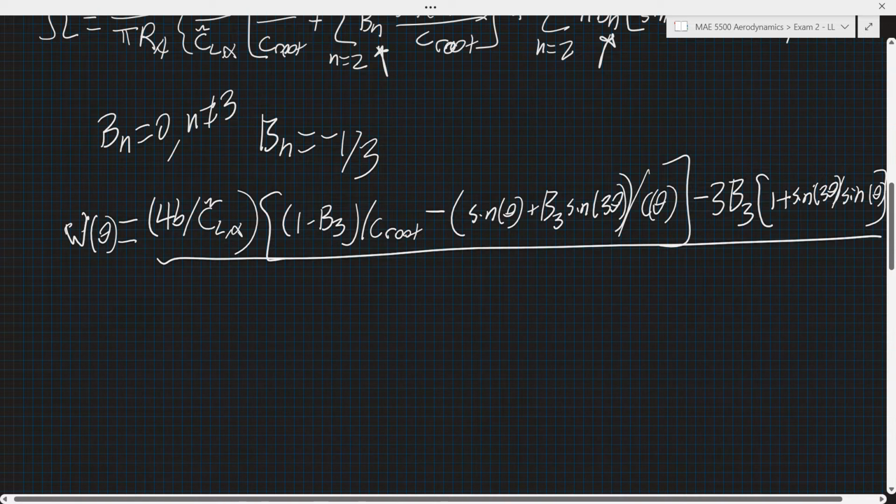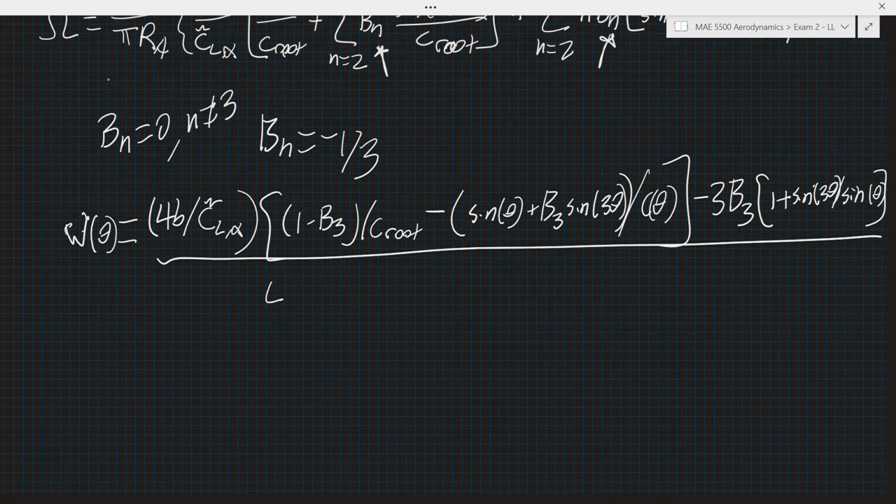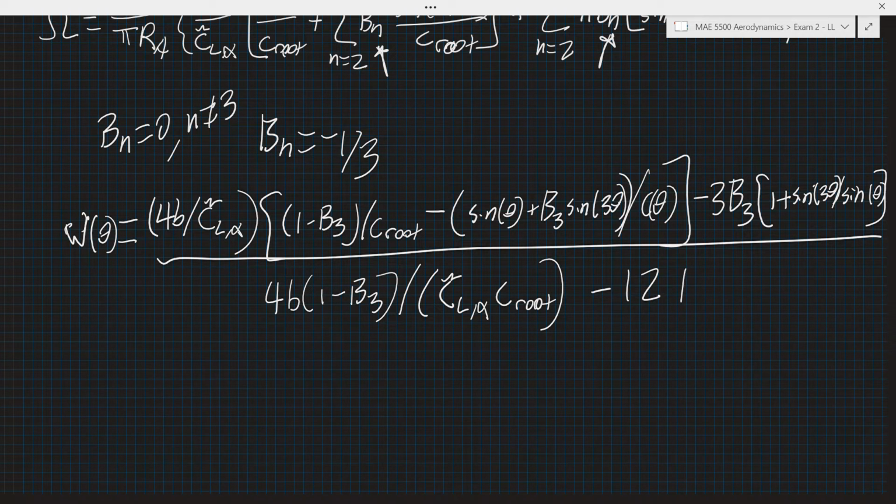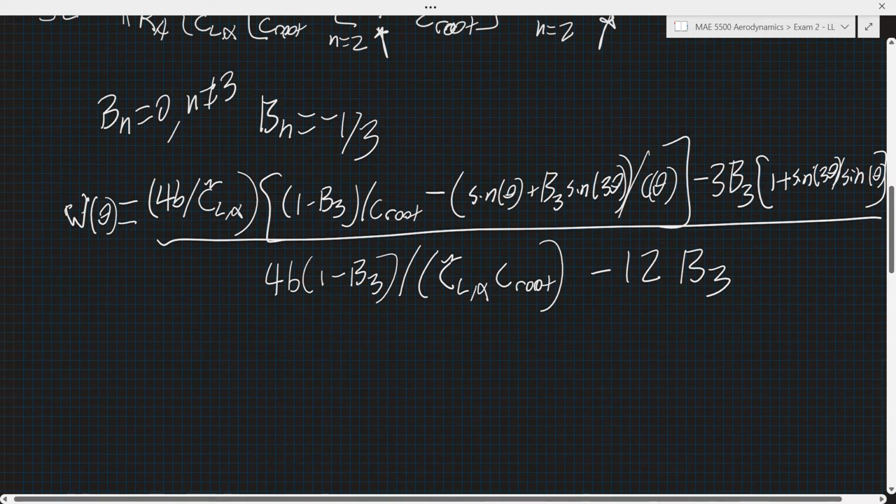So that's our whole numerator, divided by 4b times 1 minus B3 divided by CL alpha tilde C root, minus 12B3. Okay, so that's our twist distribution.